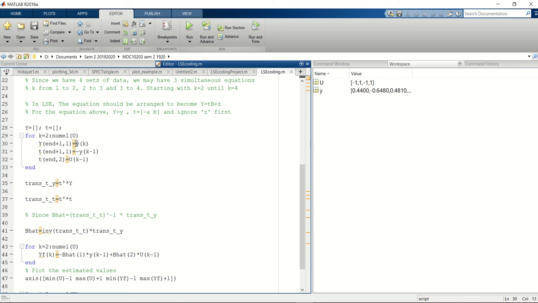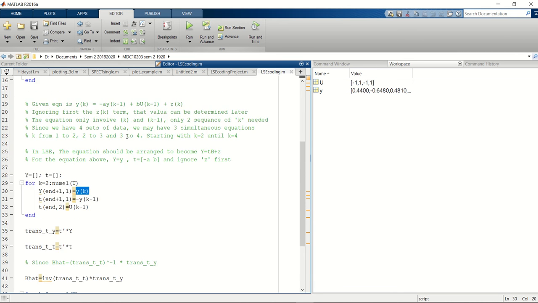Okay, so I put k y 2. So remember just now we have here y. Okay, the second value is this one. Since k for the first iteration is equal to 2, so y2, we take this value. Okay, second iteration k equals 3, so y3 is this value.